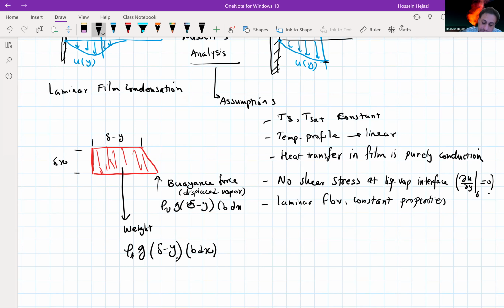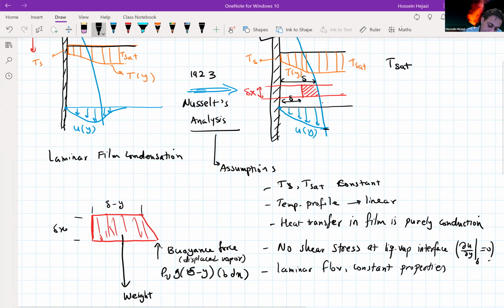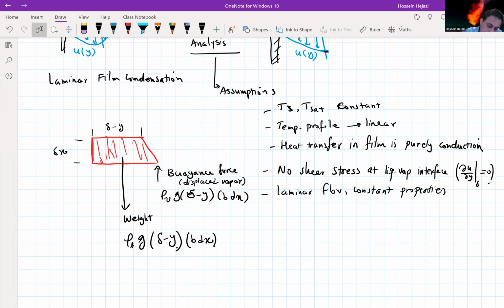Okay, so this volume of vapor is replaced by liquid, or liquid replaced by vapor. Now another thing here is the shearing force, just holding the liquid on the other side, on the outer side. So there is going to be this shear force, and that shear force is going to be equal to mu L du/dy at the location that we are looking at, times b dx.